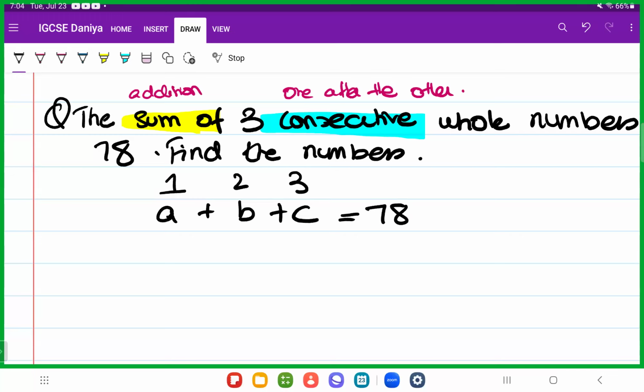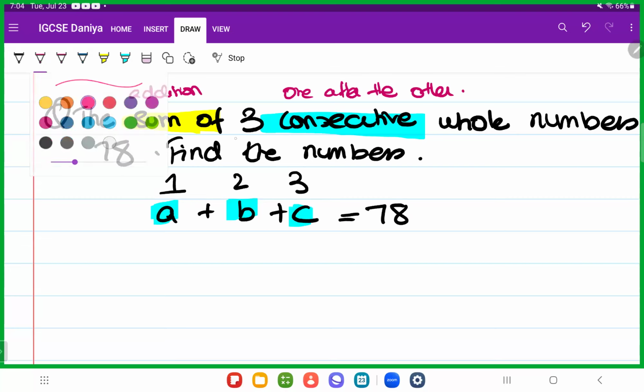Yes. Now, whenever you've been given a question like this, you have to find a relationship between the 3 numbers or whatever they're giving you. I already have the relationship, right? I know that these numbers come one after the other.